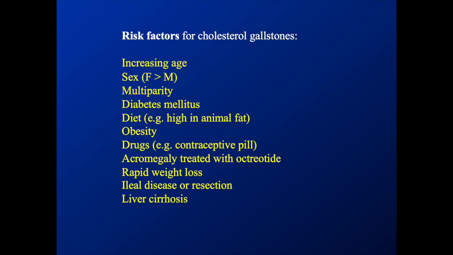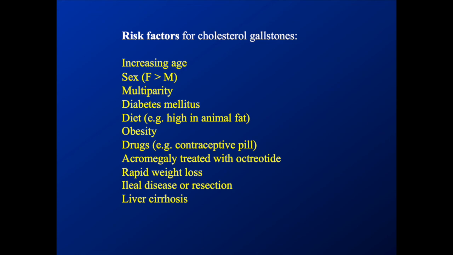Acromegaly is then a condition where you have excessive growth hormone released. One of the inhibitors of growth hormone release is somatostatin, and octreotide is a somatostatin analog. So when you are administering this drug, somatostatin also causes a reduction of movement in the GI tract.